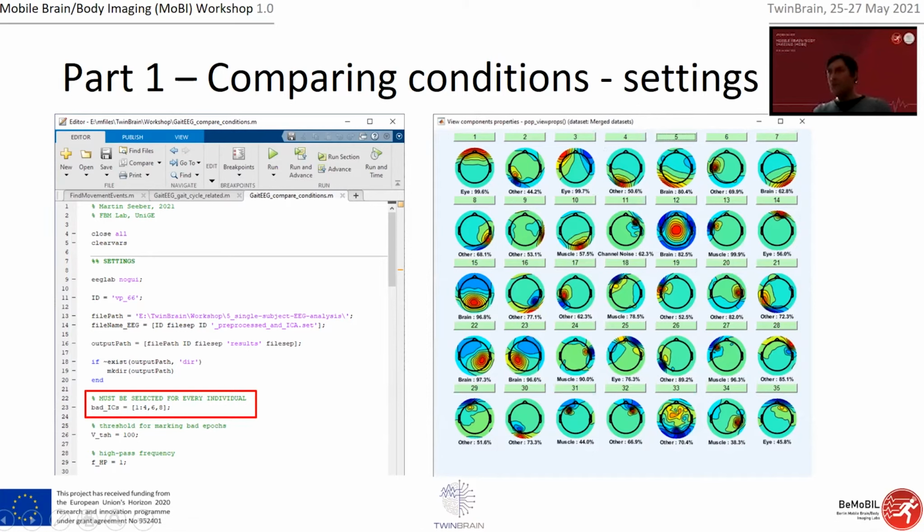There are somehow two different approaches in the field. One is to ignore the bad ICs, and the other is to look only at the good ones. But the outcome is a very different approach, because if you just ignore the bad ones, usually as a rule of thumb I do not reject more than 10 to 15% of all the ICs if I do a back projection.